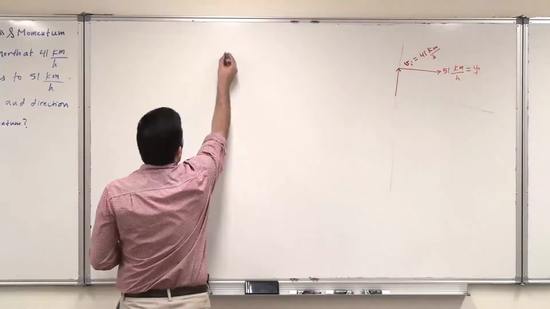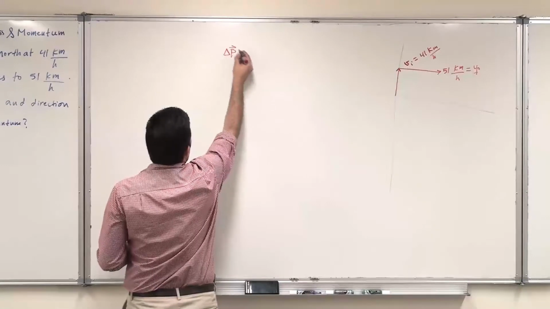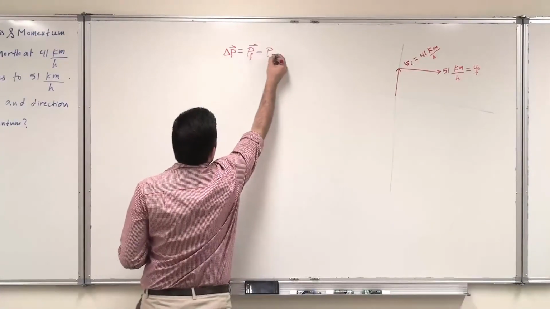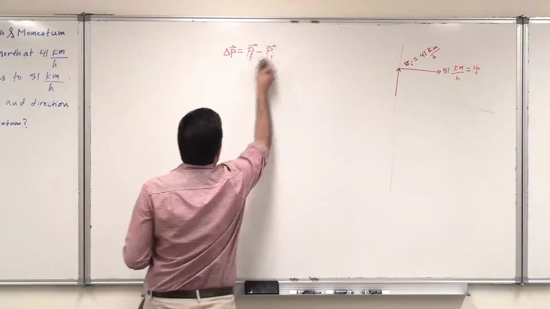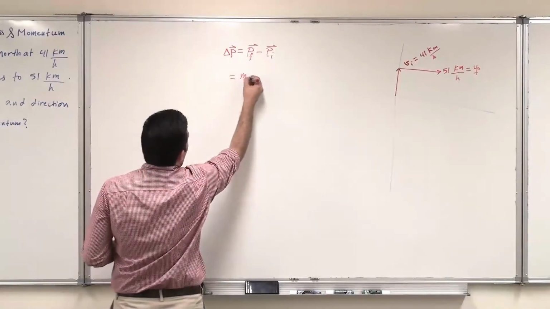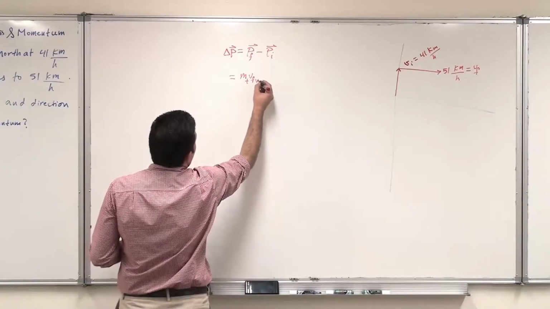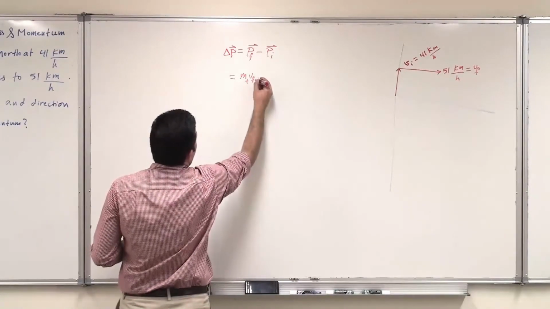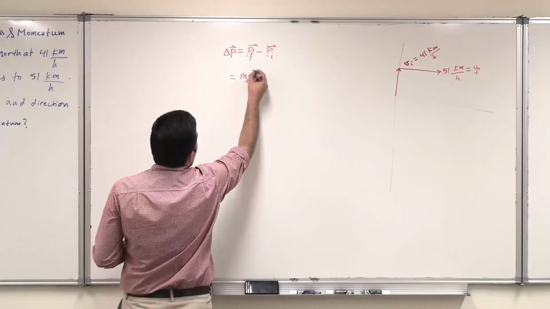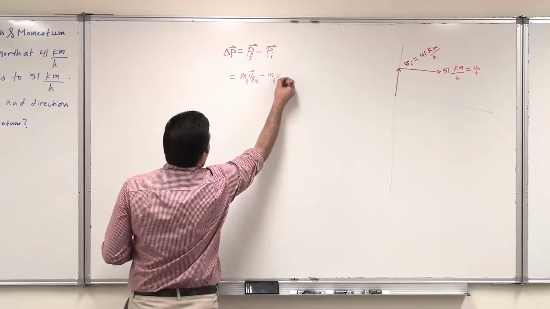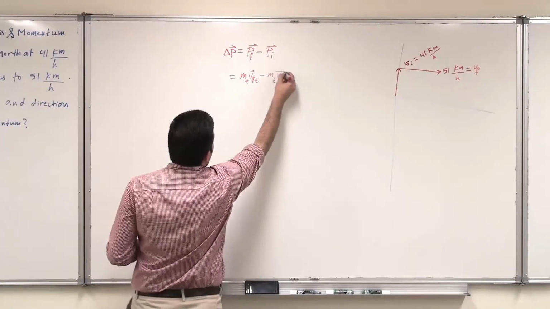So the change in the momentum equals P final minus P initial. So P final is M truck, V final of the truck, minus M of the truck, V initial of the truck.